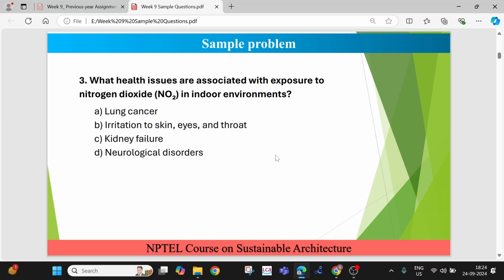You can see what health issue is caused by exposure to nitrogen dioxide. I want all of you to give the right answer for this question, then we will move to the next question. You can open the slides and answer question number 3.